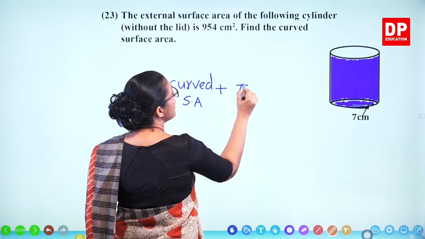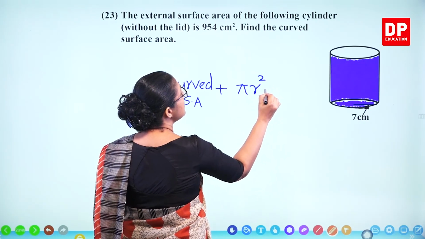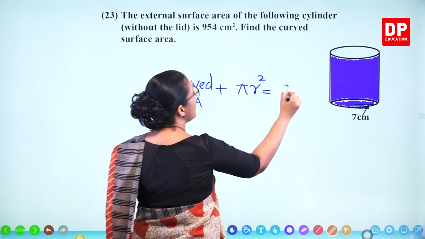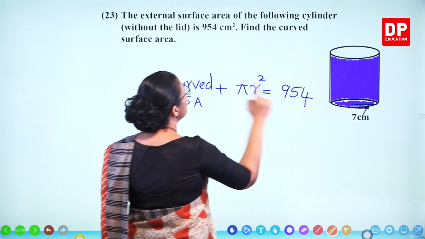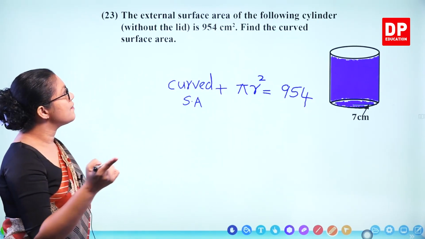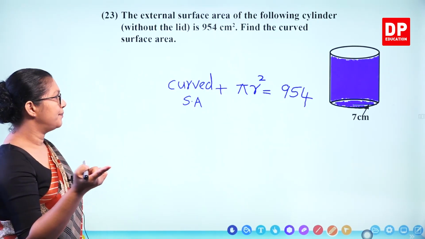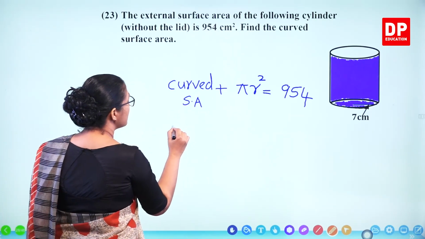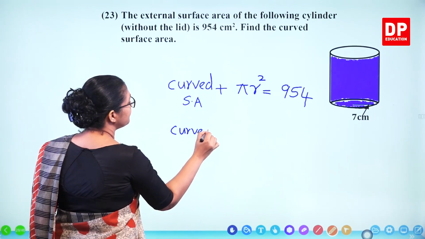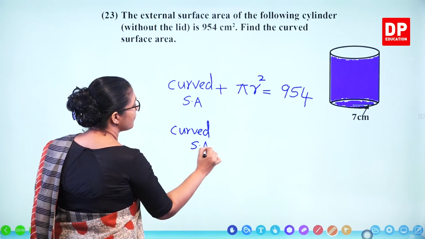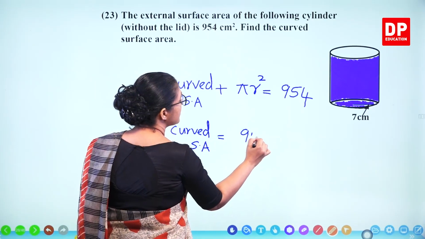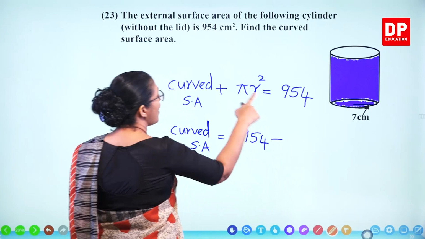Pi r squared is equal to 954, because the external surface area of the cylinder is given. How will you find the curved surface area? You can subtract pi r squared from that.